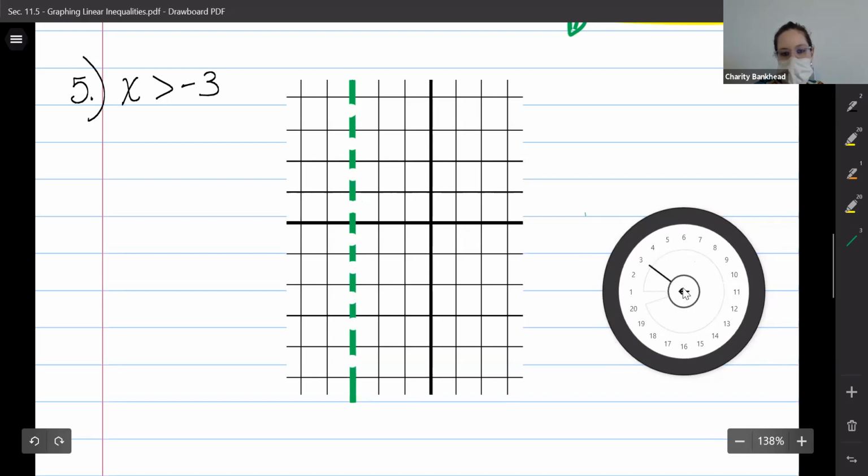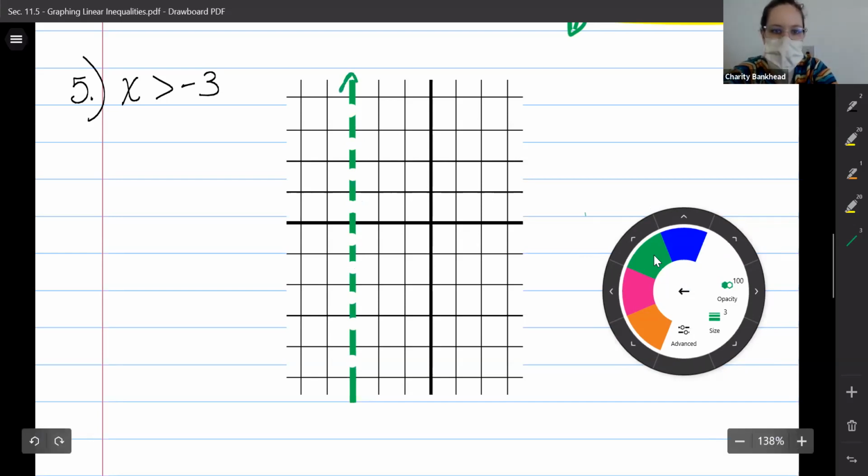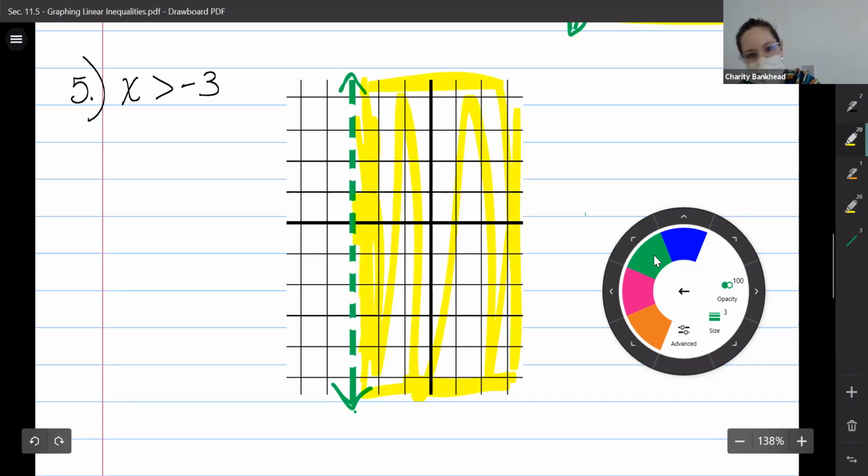And then x is greater than. So you can't exactly say above or below, but we know that the x values that are greater than would be to the right. So we'd be shading the right side of this where the x values are greater than -3.